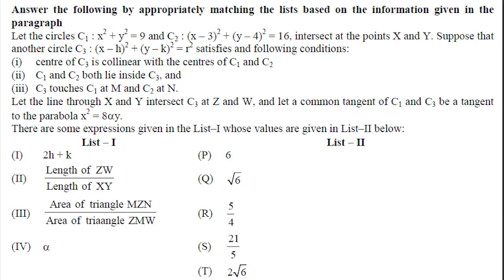So basically we have two given circles, and this first circle has center at origin and radius 3 units. This second circle has center at 3, 4 and radius 4 units.